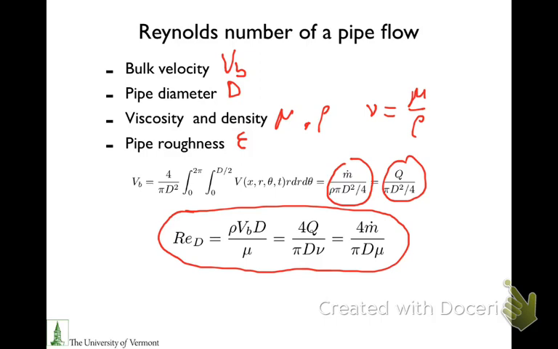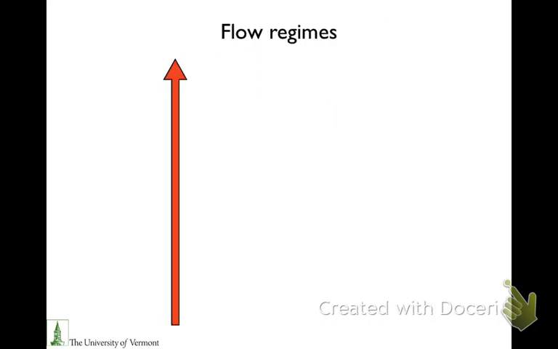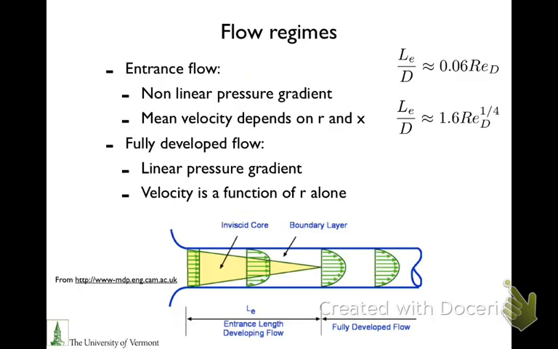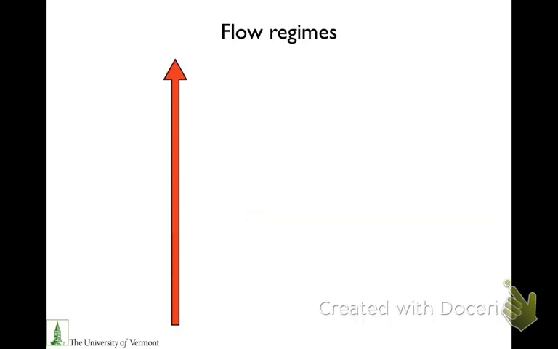Once you have the Reynolds number, you can define what type of regime you are dealing with. Let's go back. Here we go, the different regimes. For a Reynolds number of the order of 2000, this is the critical Reynolds number.